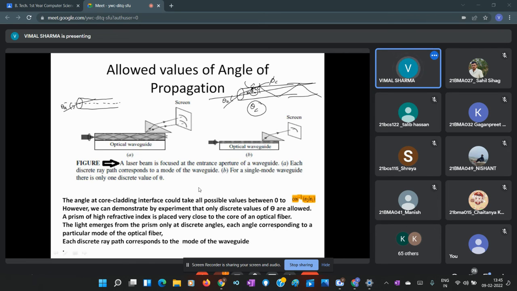This is called theta c, and this is phi c. This phi c is sine inverse n2 over n1. This theta c is cos inverse n2 over n1. So this is sine inverse n2 over n1, and this is cos inverse n2 over n1.